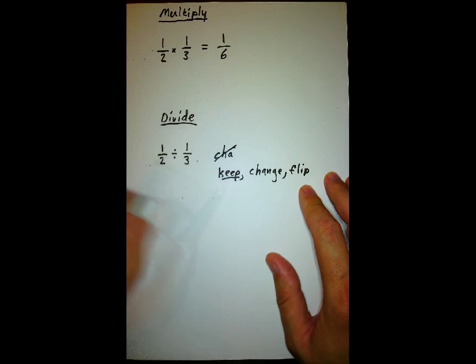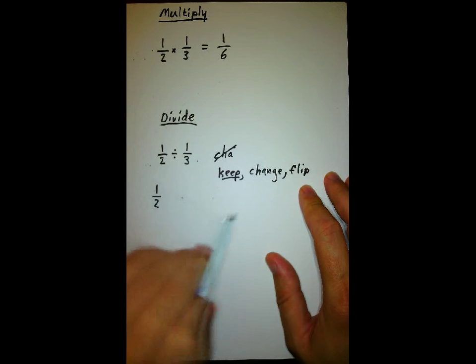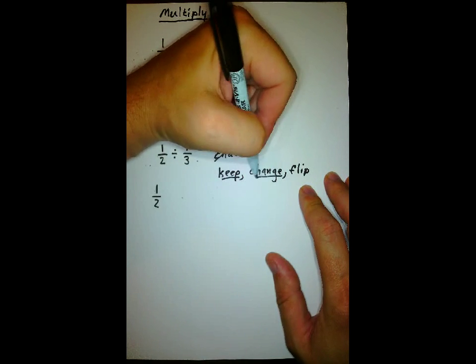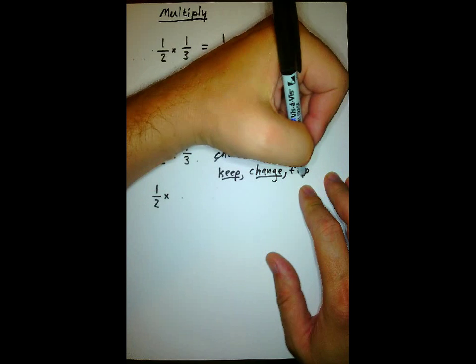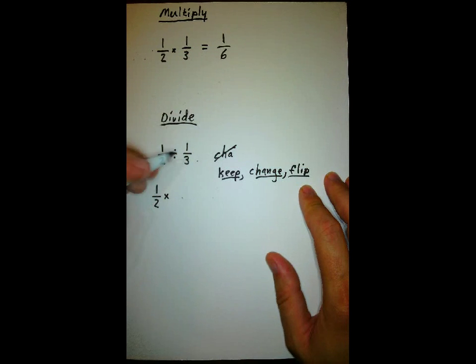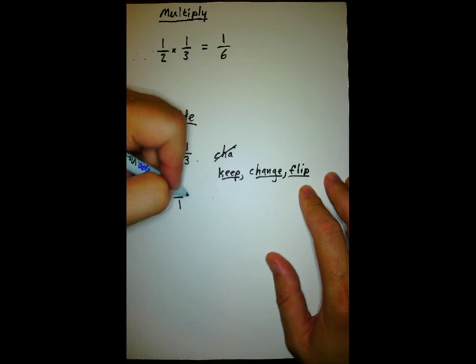Alright, we are going to keep the first fraction, 1/2, change, we're going to change the division sign to multiplication, and then flip. We're going to flip this, we're going to flip the 1/3 so it becomes 3 over 1.